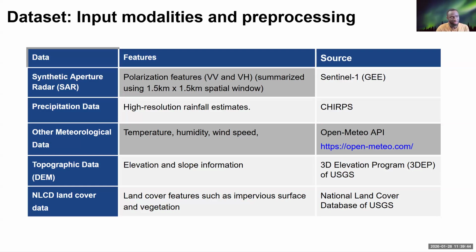We considered the fact that if we use too large a spatial window, that might affect our prediction. So one thing we take into consideration from the preprocessing of data sets is a lot of things.